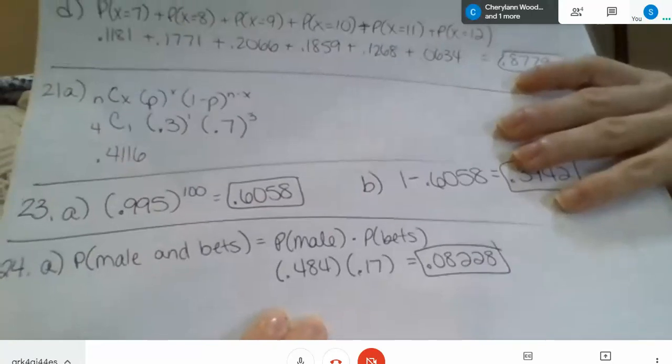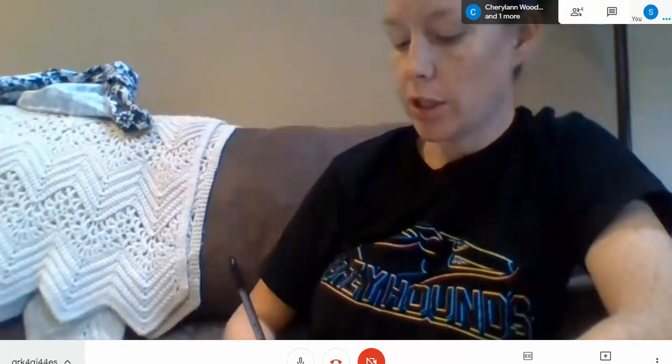Part B is asking for the OR. So look at your formula sheet. The probability of E or F, so the probability of male or bets, is the probability of male plus the probability that they bet minus the probability of both.